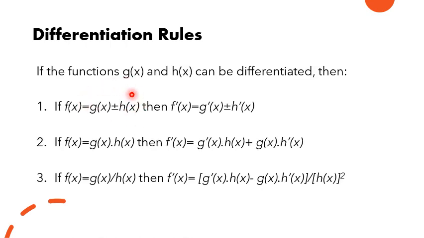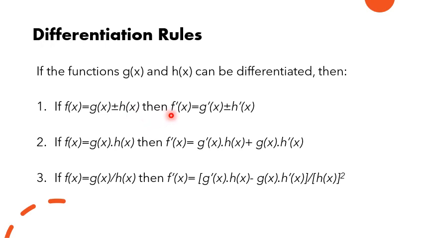And also you see here the addition and subtraction of functions, multiplication of two functions, and division of two functions. First of all, for addition and subtraction, f(x) is equal to g function of x plus or minus h function of x.